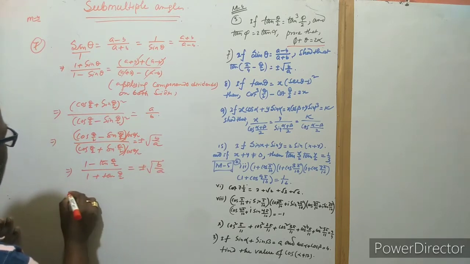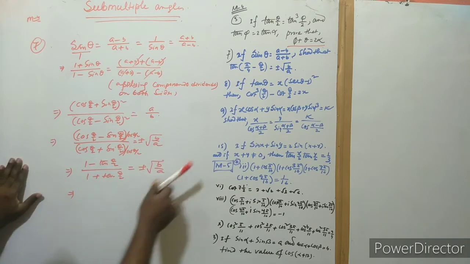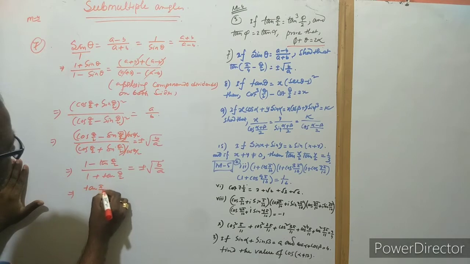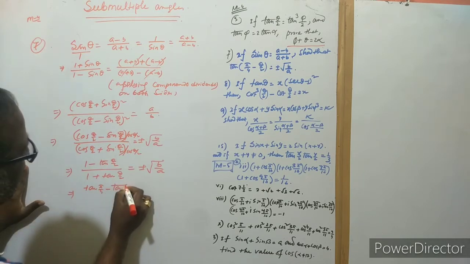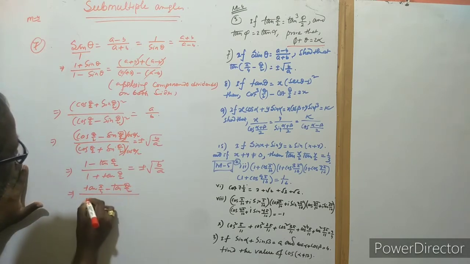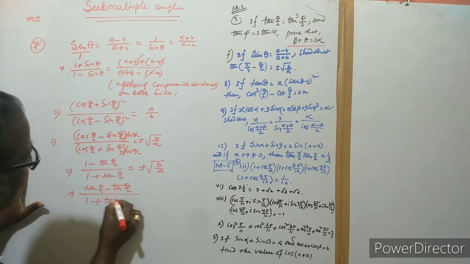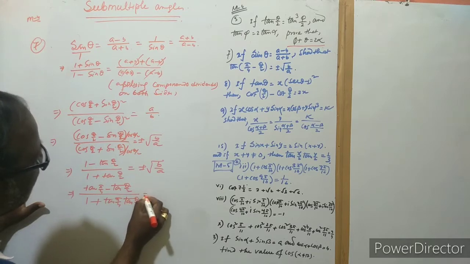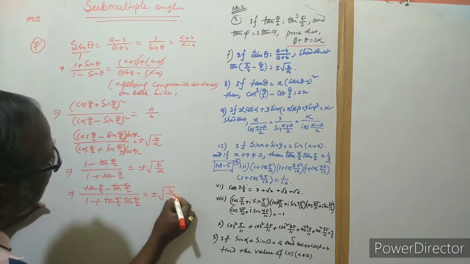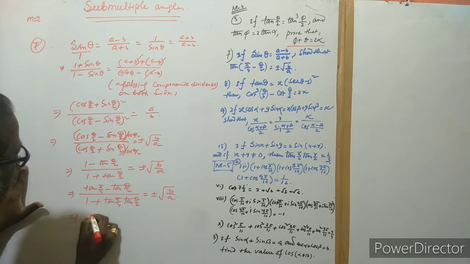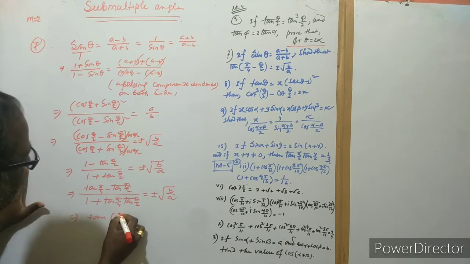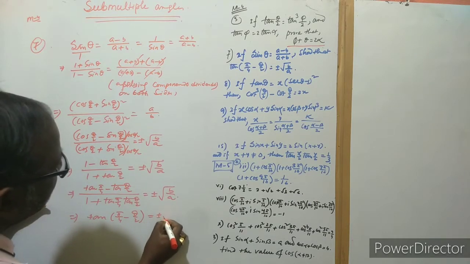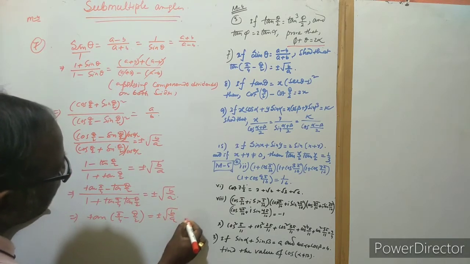And again we can write here pi by 4 minus tan theta by 2, and again 1 plus tan pi by 4 and tan theta by 2, and that is equal to plus minus root over b by a, and this is here tan pi by 4, and this is here plus minus root over b by a, and proved.